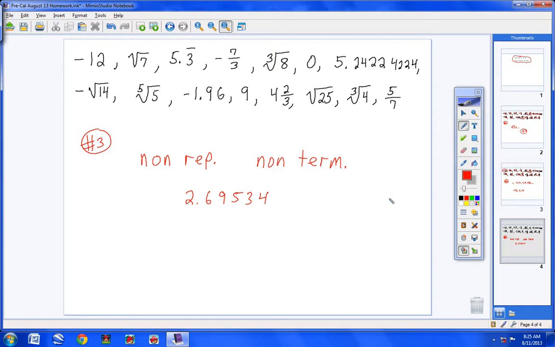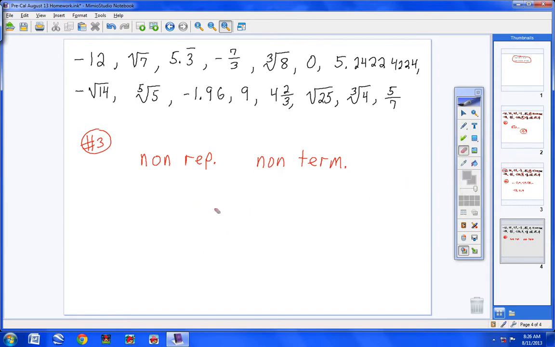If it kept going with more numbers that never stopped, it's non-terminating and non-repeating. There's no pattern. If we had a number like 2.636363, well, it's repeating, so it would not be irrational. Irrational numbers do not terminate and they do not repeat.